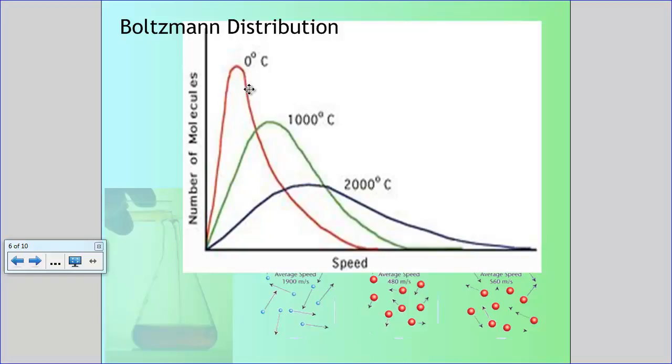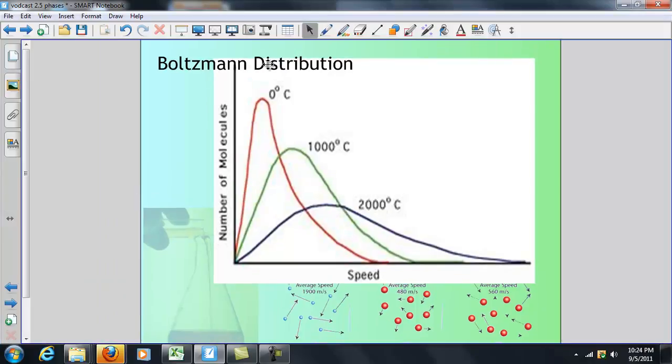And what the Boltzmann diagram does, sometimes it's called a Maxwell-Boltzmann distribution, there's a whole lot of complicated math that goes into it that we're not going to do. But the basic idea is that the average amount of energy of the molecules at each stage is shown by this diagram. If you look at the red diagram, you'll see that most of the energy is sort of down here in this lower part.